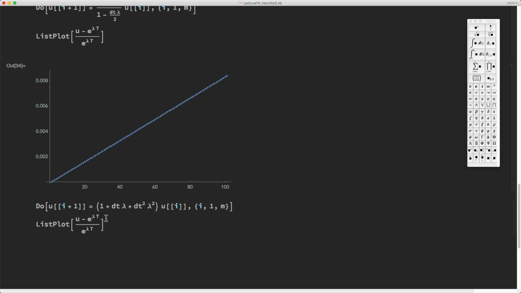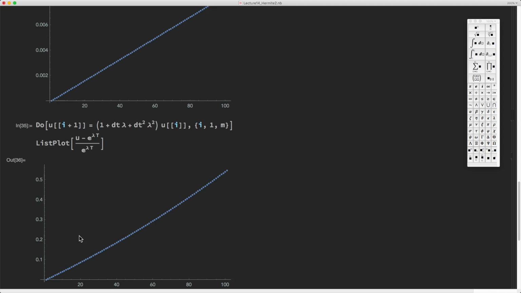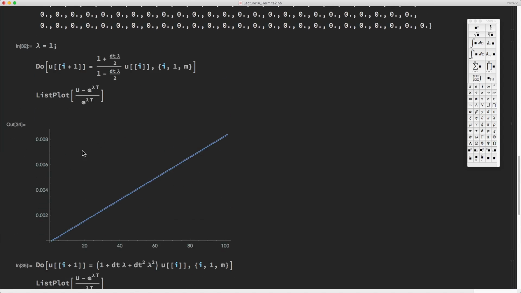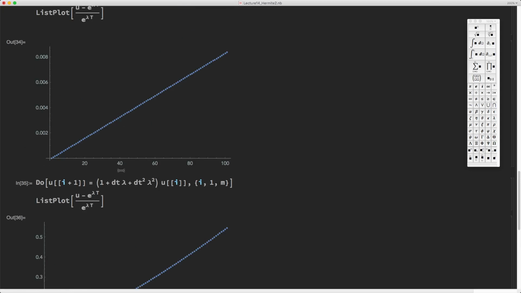Just to compare to that, we did this in an earlier video. This is equivalent to what we did in the previous Runge-Kutta video. So let's do that, and you see that the error also increases here, but the error is much higher. So here you see that after the same time you have 0.08, and here the error is around 0.5 or 0.6.